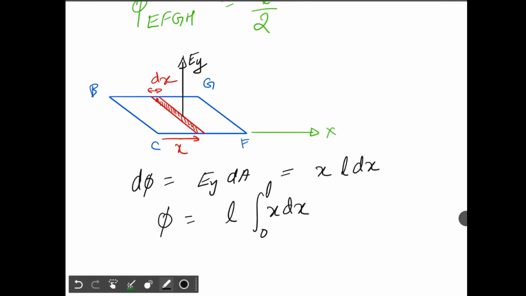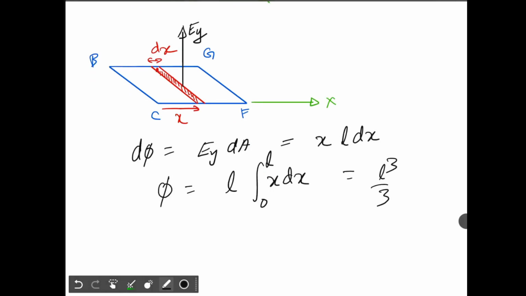Again, the limits will be 0 to L. Here we have x equal to 0, here we have x equal to L. So x dx will give you x square by 2. Putting the limit, you will get L square by 2. So flux through BCFG will be, sorry, this will be actually L cube by 2.